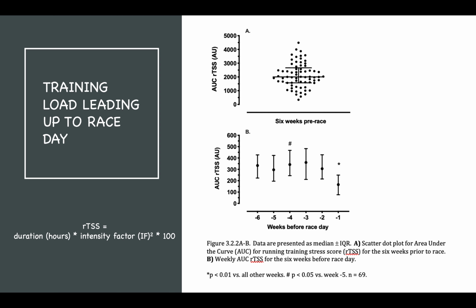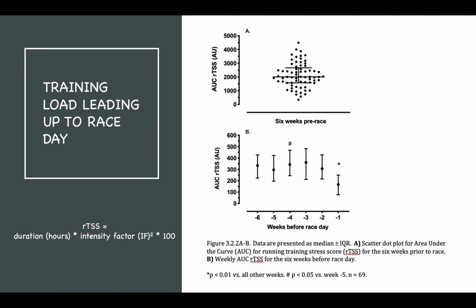On the y-axis, you've got area under the curve, RTSS, and RTSS is a running training stress score, calculated by taking the running duration in hours times the intensity factor squared times 100. The intensity factor represents how hard a run was, so it would be the speed of the running session in relation to a runner's best 10K race speed.